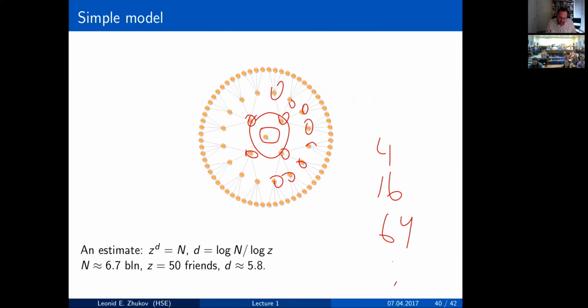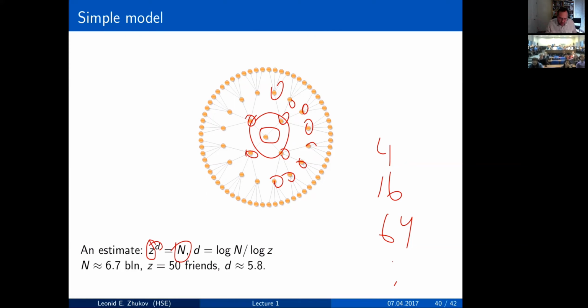If you have, say, 4 friends, then after 2 steps, it's going to be 4 squared, 16 connections. After 3 steps, it's 4 to the 3rd power. After 4 steps, it's 4 to the 4th power, etc. So Z is the number of friends, D is the number of steps, and n is the total number of people you're reaching in these steps.